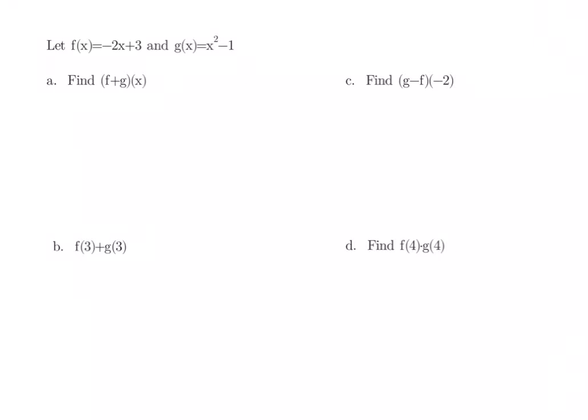So for example, for our first set that we have, we're going to let f of x equal negative 2x plus 3, and we're going to let g of x equal x squared minus 1. So the first thing that I want to do is find a new function, f plus g of x.